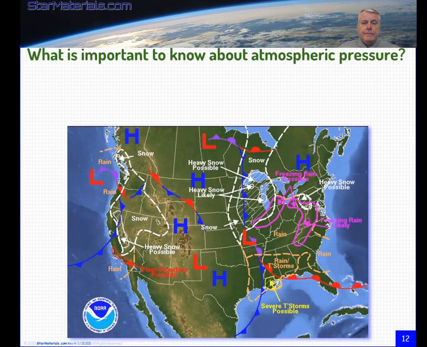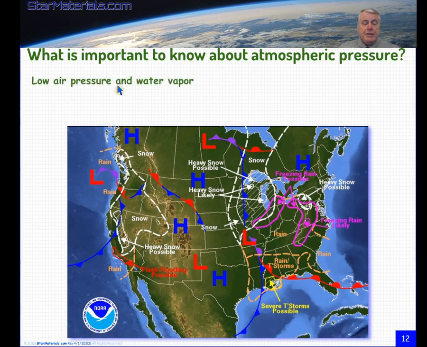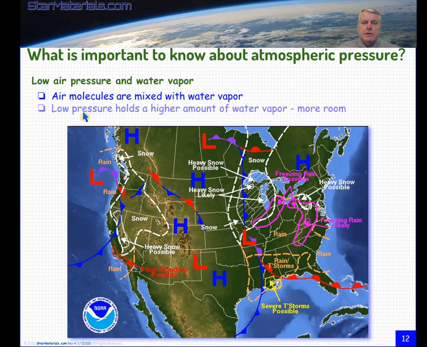Now, low air pressure and water vapor. The air molecules, again, are mixed with water vapor, but because it's a mixture, the amounts vary. Low pressure holds a higher amount of water vapor because there is more room for water molecules because there's less air molecules.